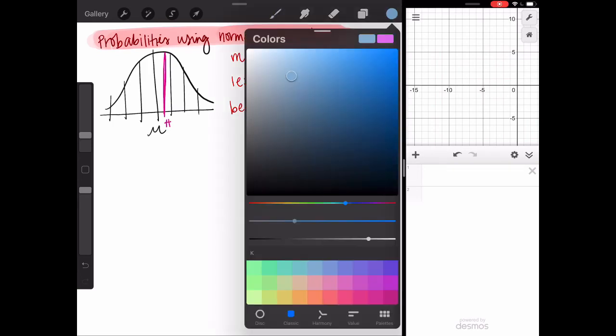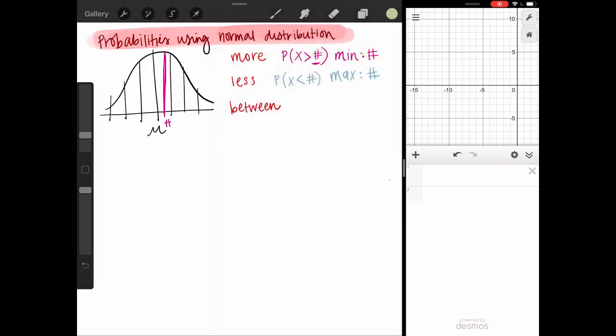Now, last but not least, you have your betweens. So what is the likelihood that a random variable x will be between 2 values? So between a height of 10 and 14. Well, you're going to identify your 2 endpoints, so 10 and 14.